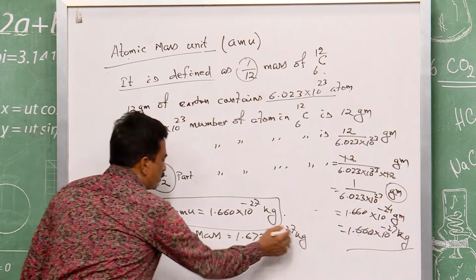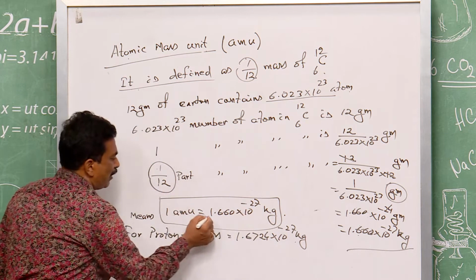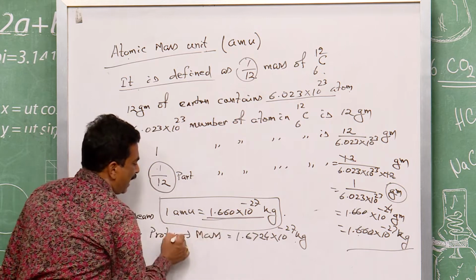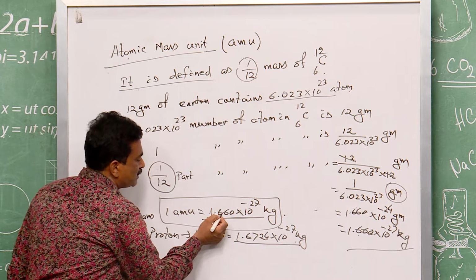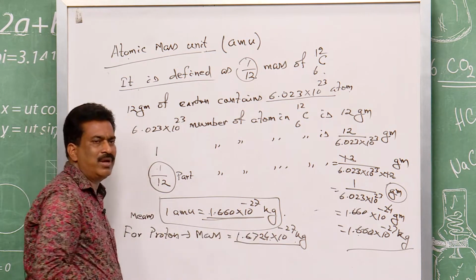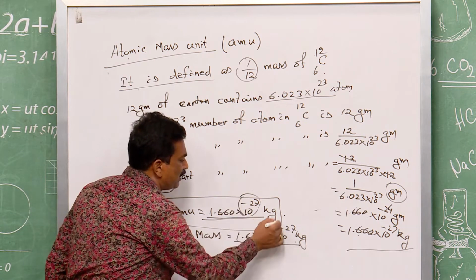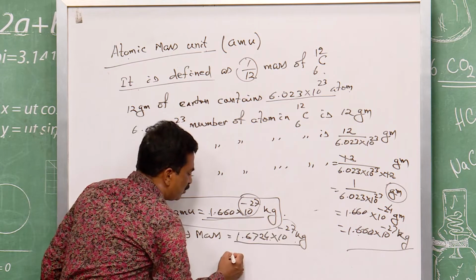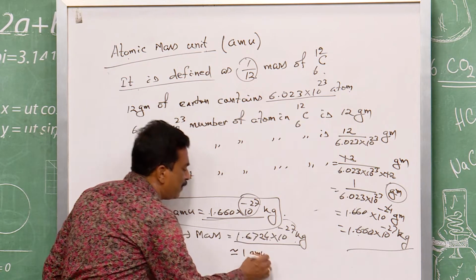You see, 1 AMU is equal to this much, and the mass of the proton is equal to this much in kg. 1.6, this is 1.6724, meaning they are nearly the same. This is 10 to the power of minus 27, and this is also 10 to the power of minus 27. So this is also nearly 1 AMU.